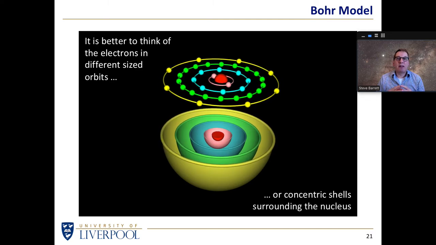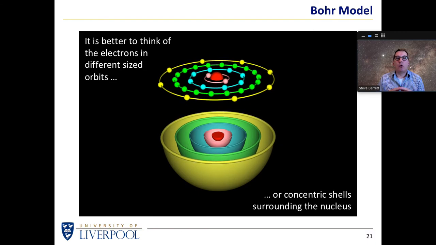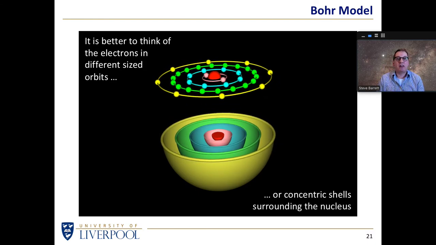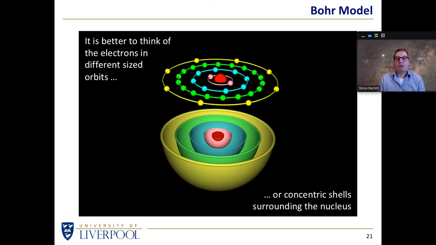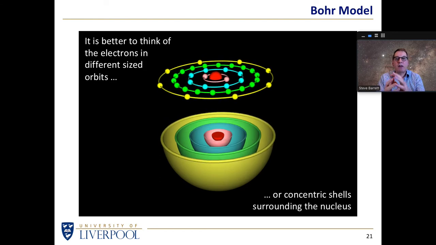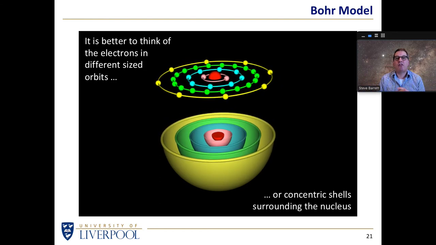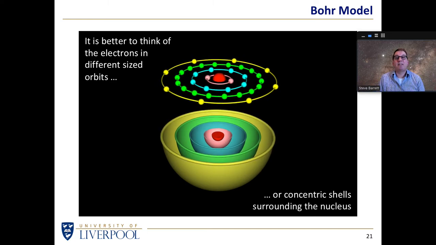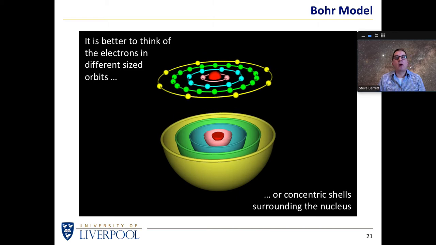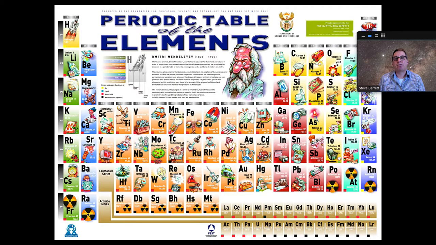So a slightly better way of thinking of it, rather than think of it as rings or orbits, we should think of it as shells, and we've cut these shells in half at the bottom there to remind us that electrons are actually moving around the nucleus in 3 dimensions, but there are still shells of different electrons that have different energy, simply because they are different distances from the nucleus. So that's a slightly better way of thinking about what's going on inside an atom.